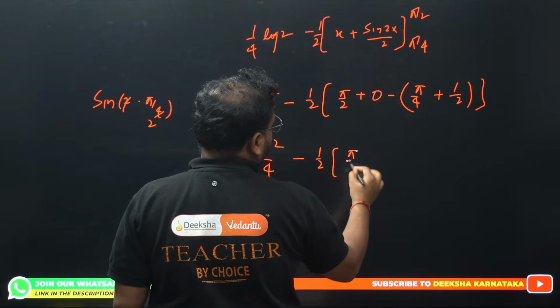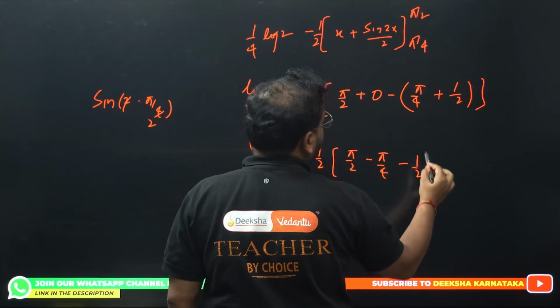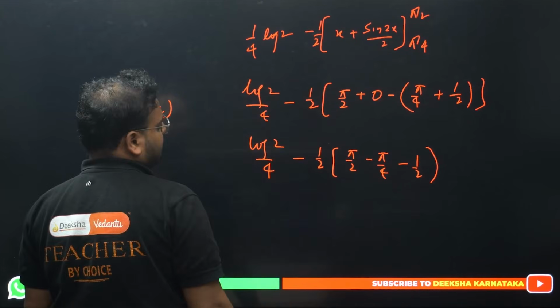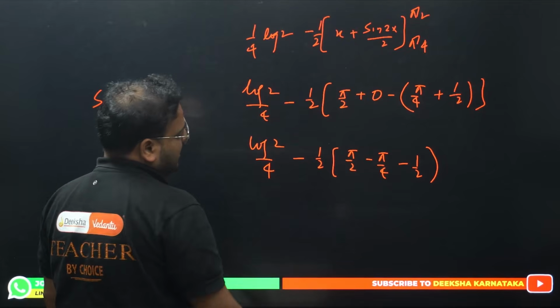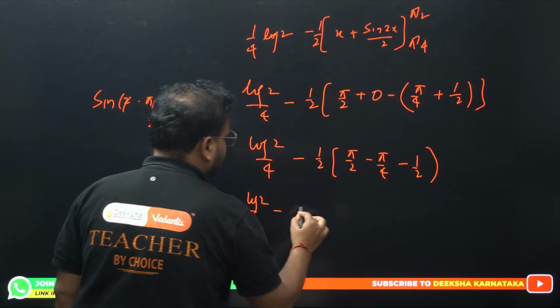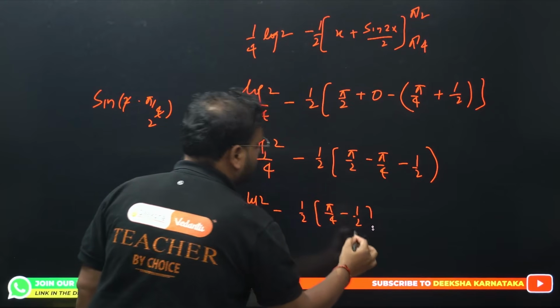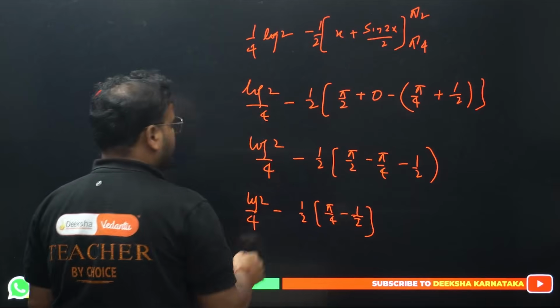I have pi by 2 minus pi by 4 minus 1 by 2. Correct? What I get for this? I'm getting over here as pi by 4 only. So I have log 2 by 4 minus 1 by 2 times of pi by 4 minus 1 by 2. I hope you know the answer now. It is going to be what?